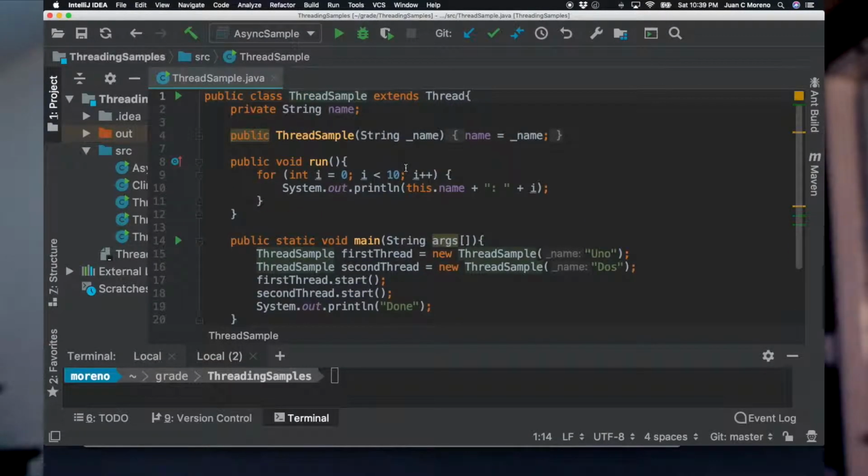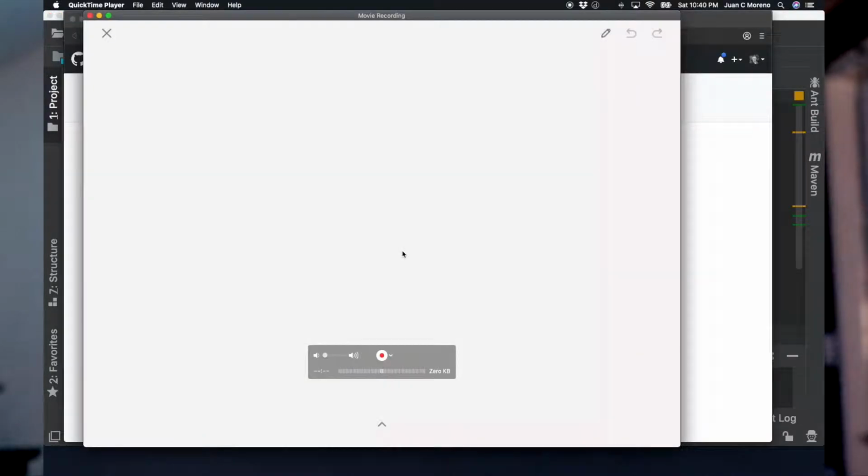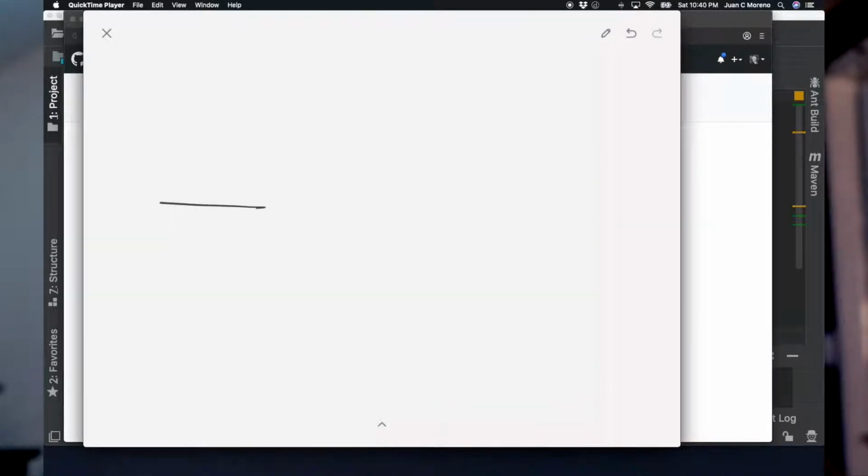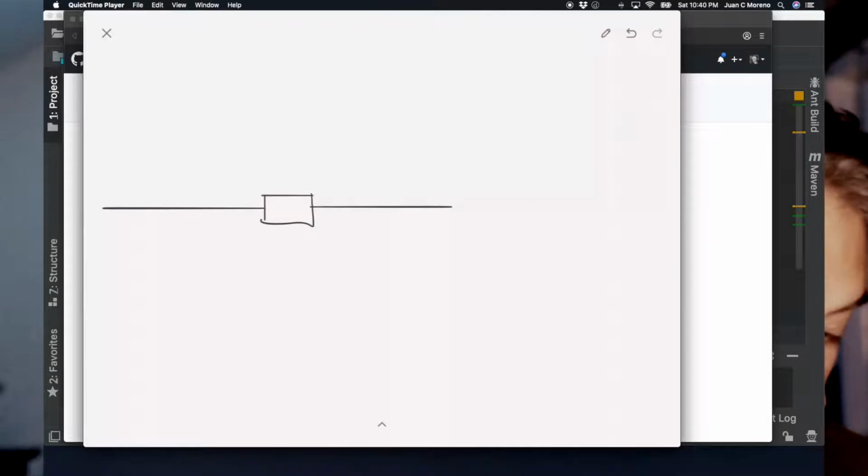This is a very simple threading example where I have a class that extends from thread, and what is going to happen is that we can create those threads, and when we call the .start method, Java is going to take care of setting up the threads and forking them. We're going to have our main thread, and our main thread is going to then fork and start and continue its own process.